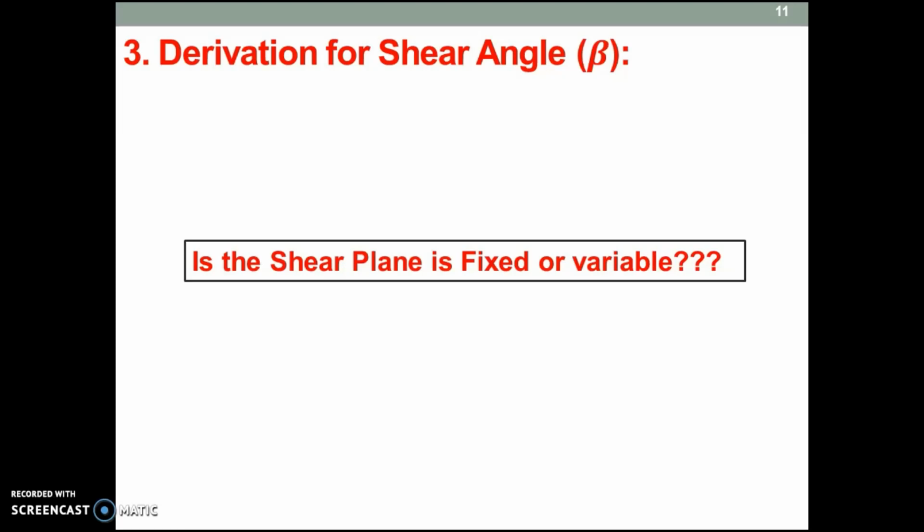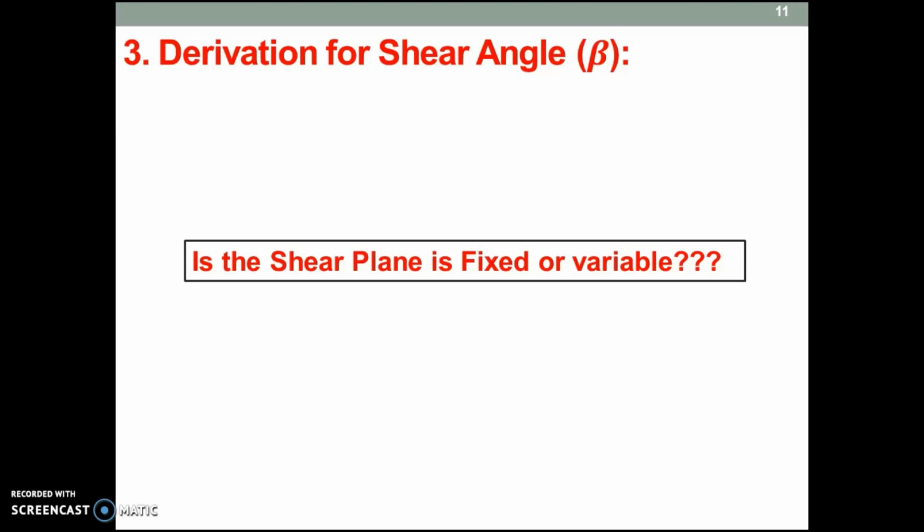As it is a plastic deformation, it depends upon your workpiece material, what type of material we are using during machining, how much velocity, that is the cutting speed, and the tool signature.